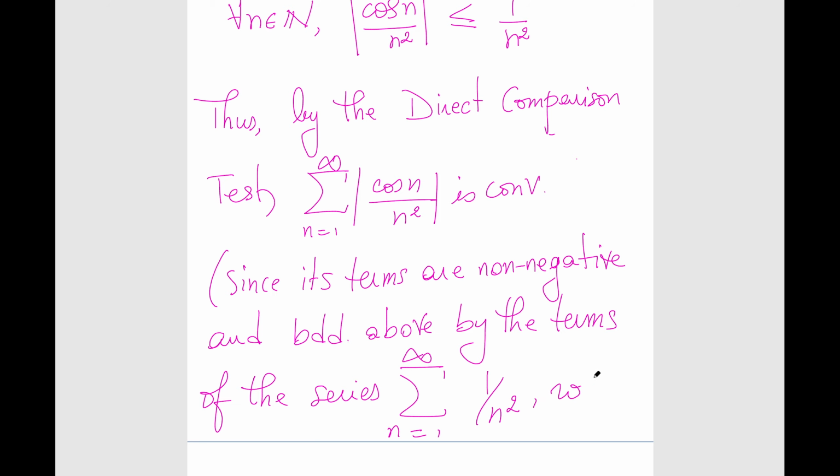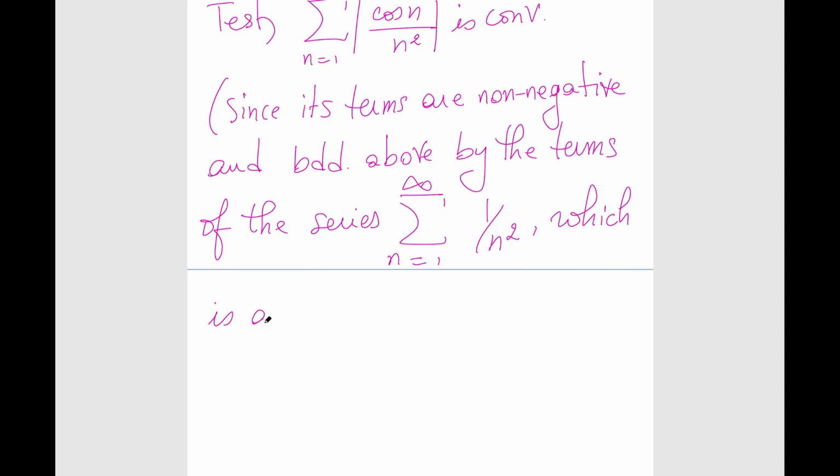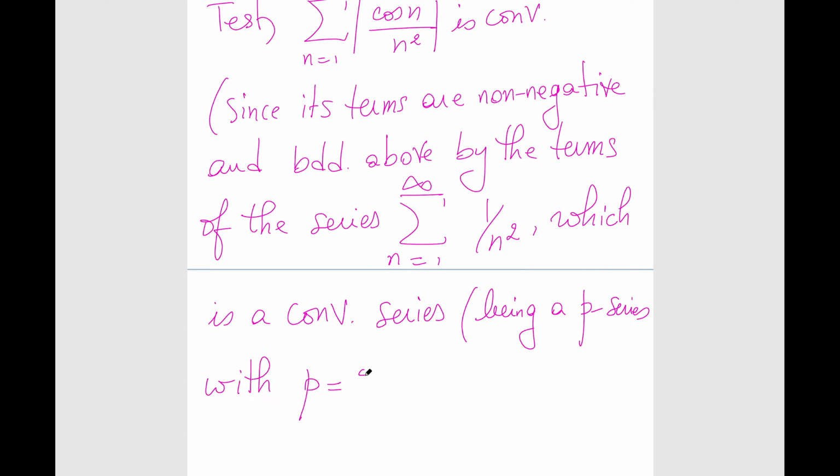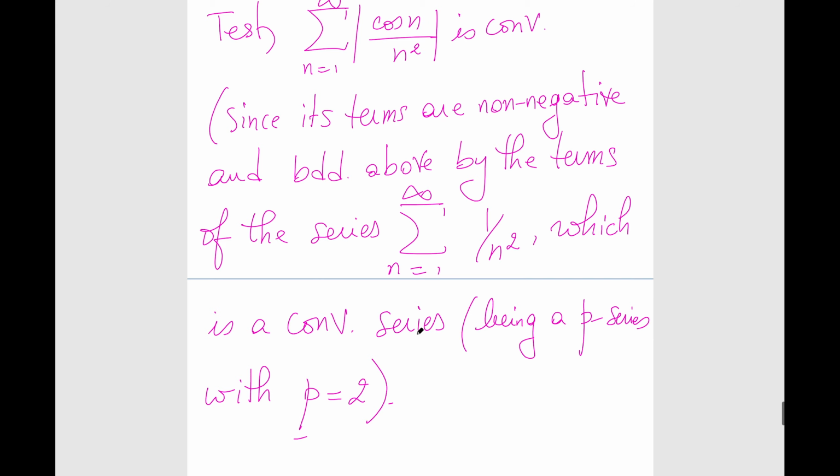Which is a convergent series because it's a p series with p equals 2. Do you agree with me? So this is the discussion. I'm missing one more parenthesis here.